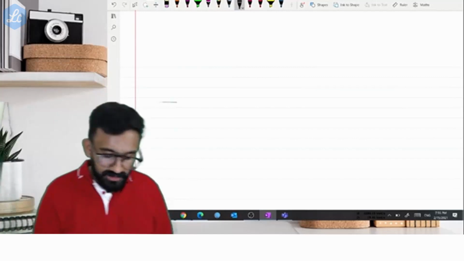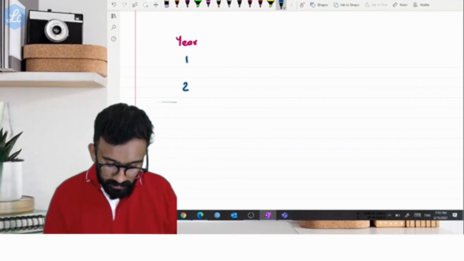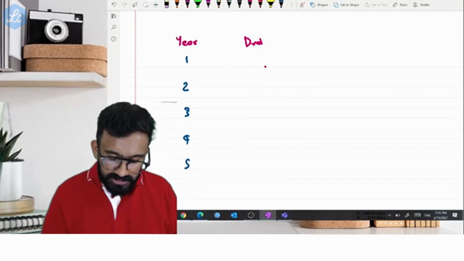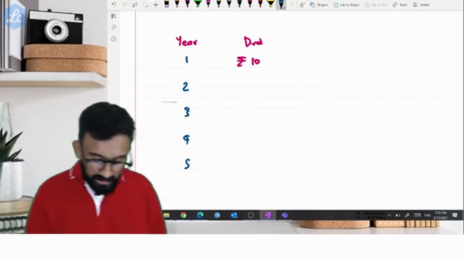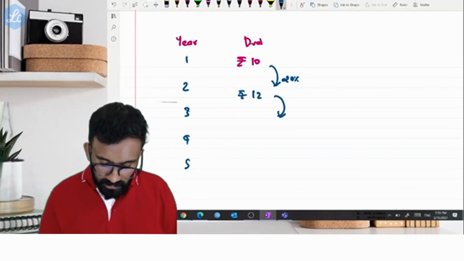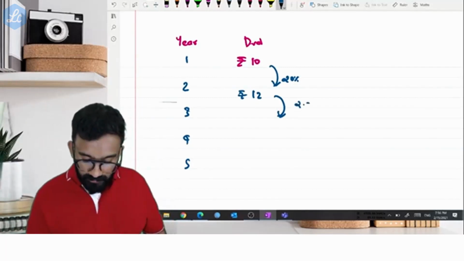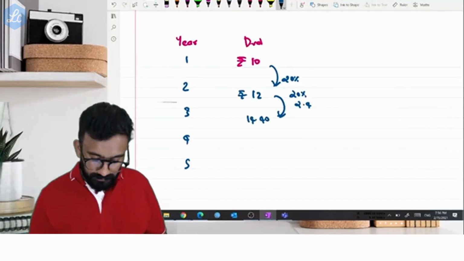Say for example, I'm going to have a few years, year 1, 2, 3, 4, and 5. My dividend is 10 rupees here, but initially it is going to grow really high. It is going to be 20% growth, which is going to make it 12. Again, it is going to grow 20%, which adds 2.4, that means 14.4.